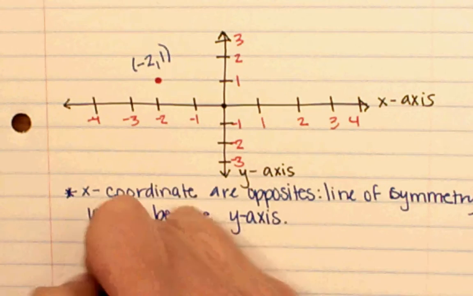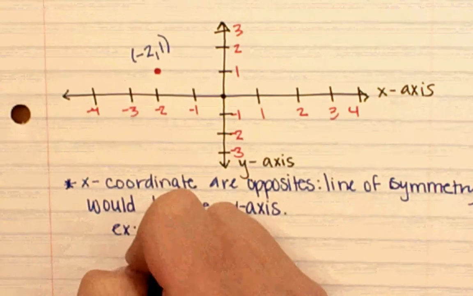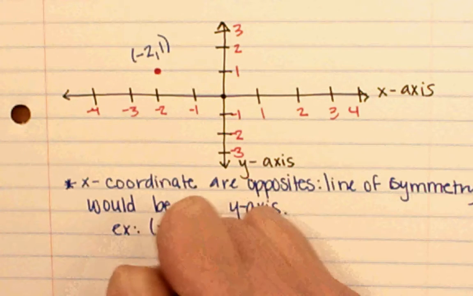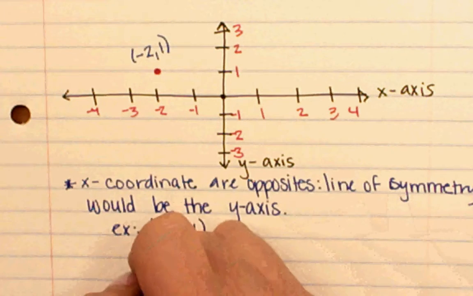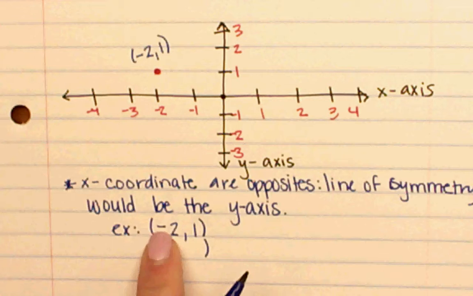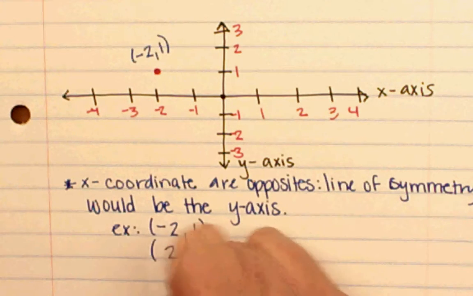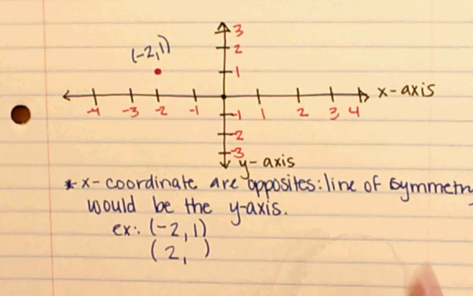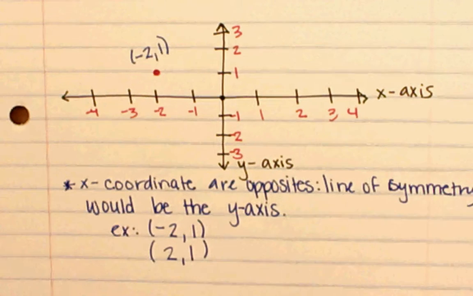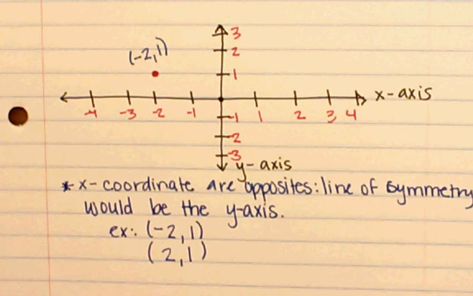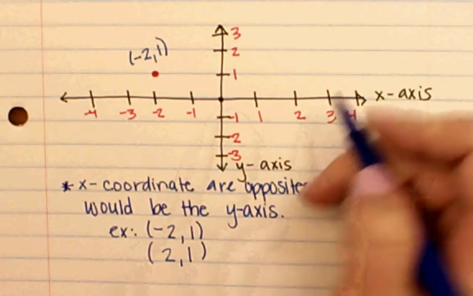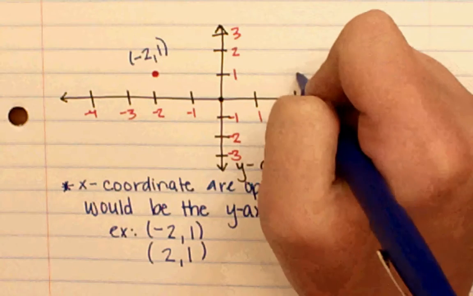Meaning, I'm going to give our example of negative 2 and 1. What is the opposite of negative 2? We know it is 2. And it doesn't say anything about changing the y-coordinate, so we're going to leave that 1. Now let's plot that example. I'm going to go positive 2 and up 1.